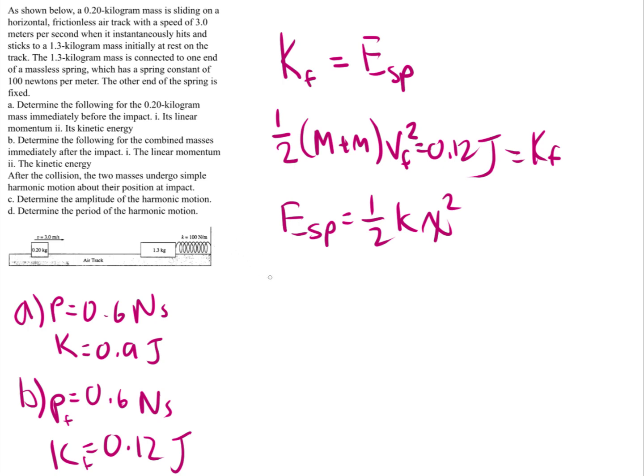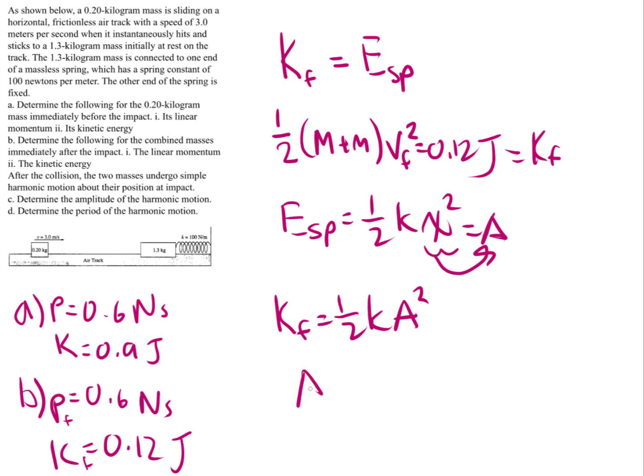The maximum displacement it will reach is equal to the amplitude, so we plug in A for x. The final kinetic energy is equal to 1/2 k A squared, where A is the amplitude. Now we just need to solve for A.